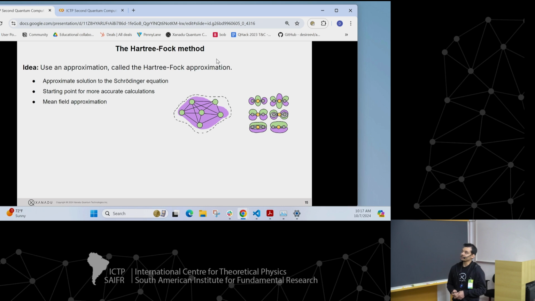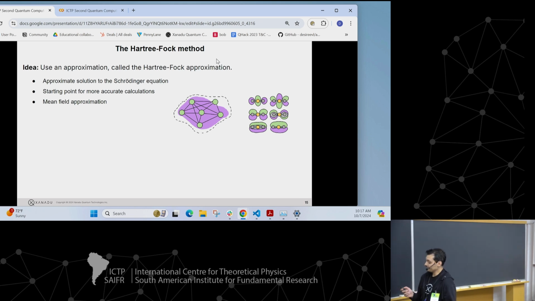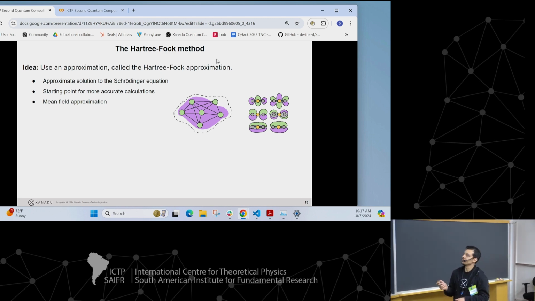It's known as a mean field approximation because what you do, in essence, is instead of keeping track of every single electron and all of its possible interactions, you look at one of the electrons in your molecule and you treat all the other electrons in the system as a cloud of charge. So you're abstracting away the position of the electrons, you're just treating them as a charge distribution so that you don't have to keep track of all the degrees of freedom of all of the electrons, and you do this sequentially for each one of them.